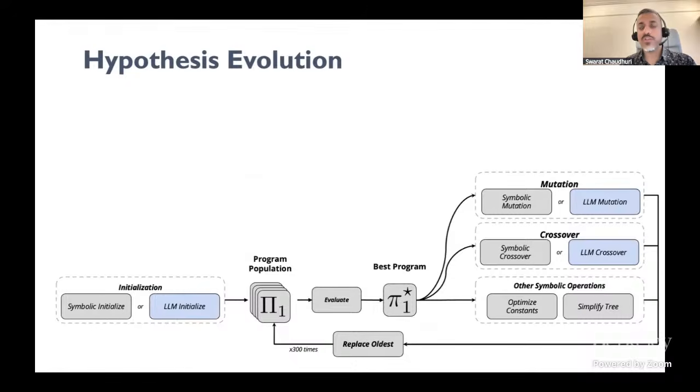The important thing over here is that you're using the LLM for implementing these mutation and crossover operations. In a classical genetic algorithm, you're given the AST and you say, okay, swap out this subtree for a different subtree. Now you're going to ask the LLM to rewrite the program into something.